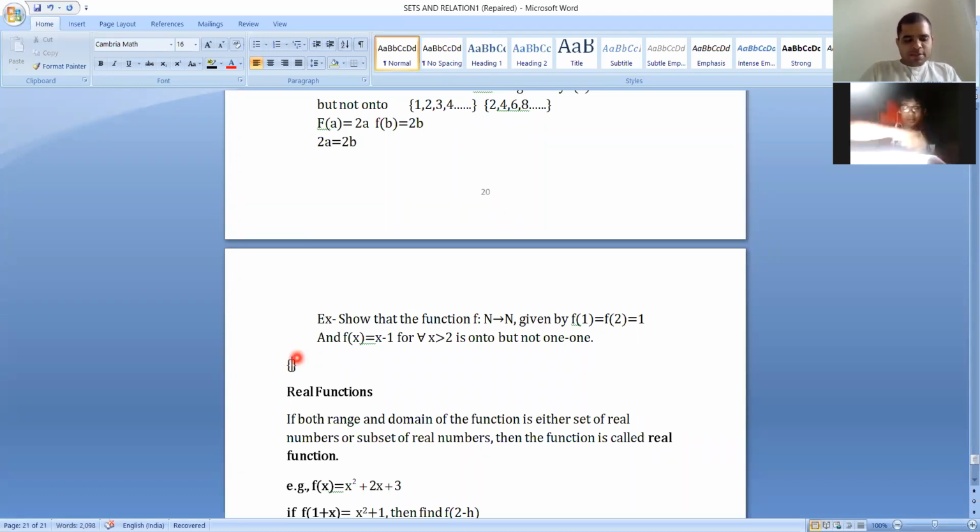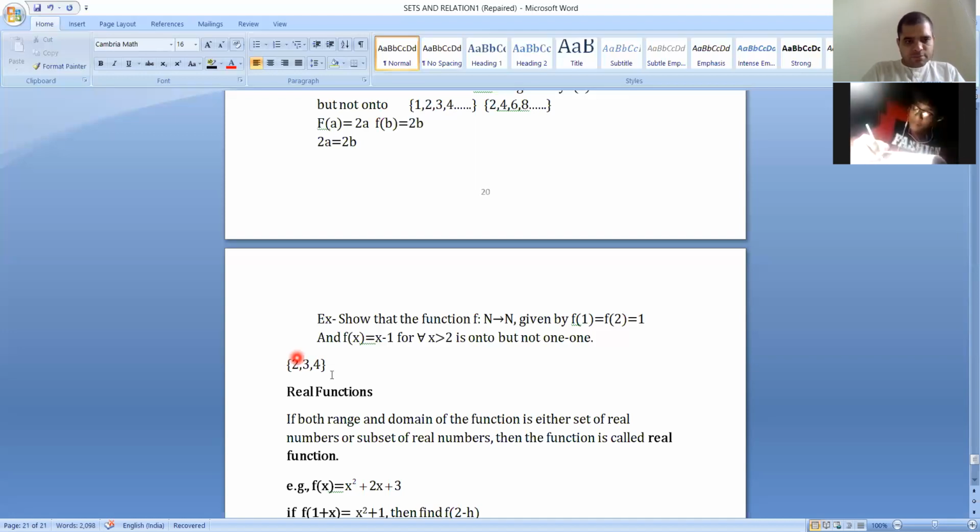It is given in ordered pairs. So first the element of set A is written, then the element of set B is written. So domain will be of A. Yes, 2, 3, 4.